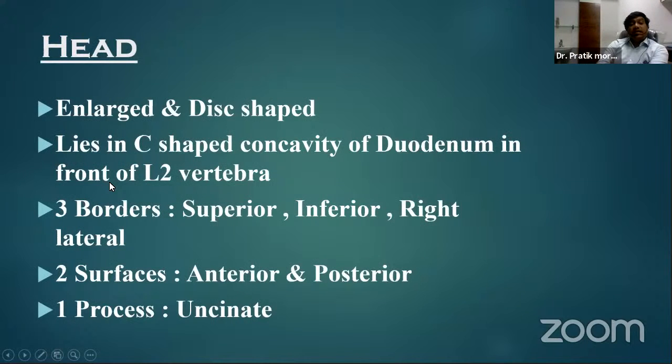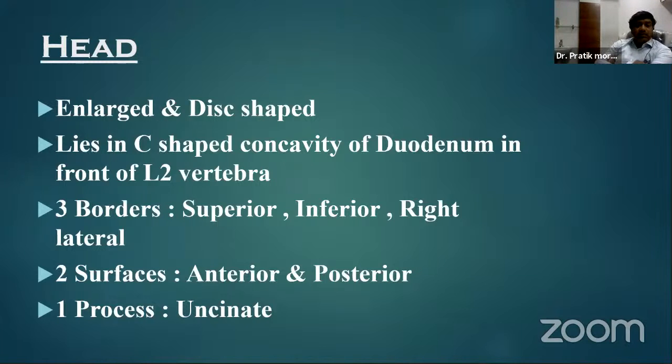Then the next point is in front of the L2 vertebra. We already know that the pancreas is situated in front of the T12, L1, L2, and L3 vertebrae. The extent is in front of these vertebrae. Amongst these 4 vertebrae, the head of the pancreas is situated at the level of the L2 vertebra.